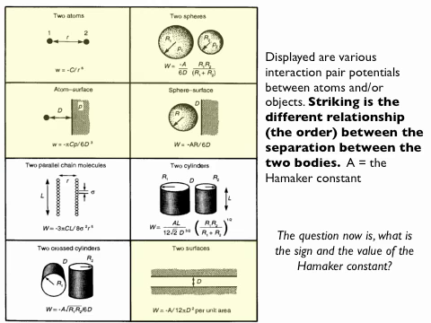And the thing that is the most complex bit out of this is, what is A? And A is defined as the Hamaker constant. And the difficult bit is, what is the sign of A? Because we said in this particular case, if A is positive, all these terms would be negative, which basically means there's attraction. But what if A is negative?